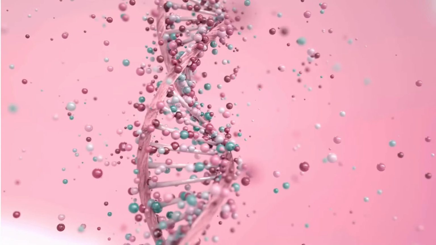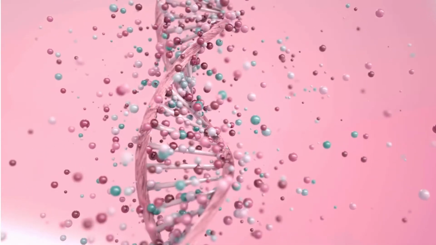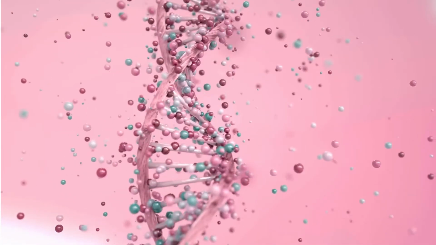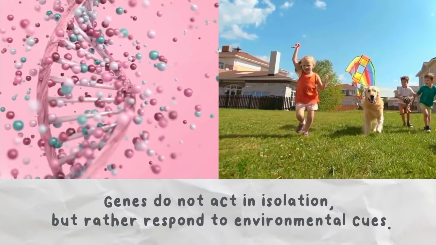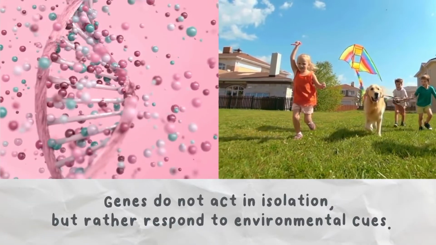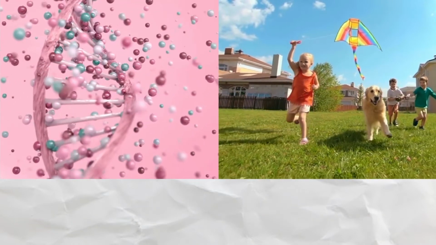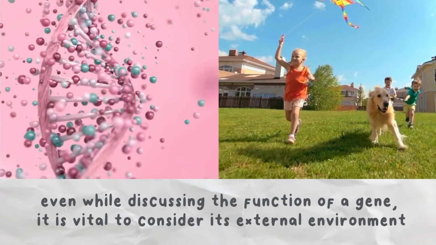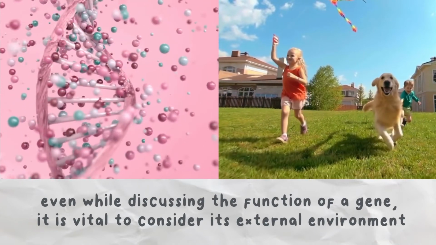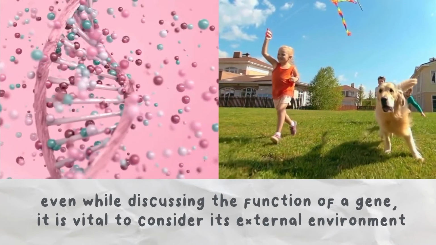Although genes definitely play a significant role in child development, this does not mean that the environment has no influence. Genes do not act in isolation, but rather respond to environmental cues. As a result, even while discussing the function of a gene, it is vital to consider its external environment.